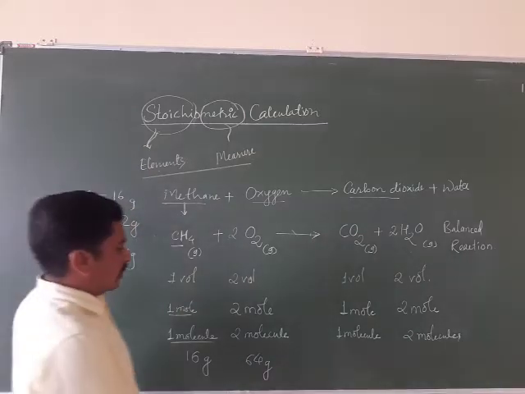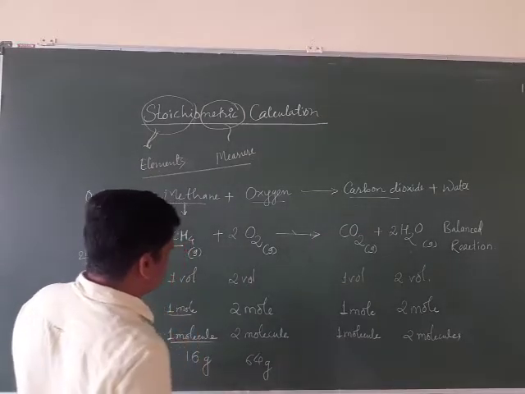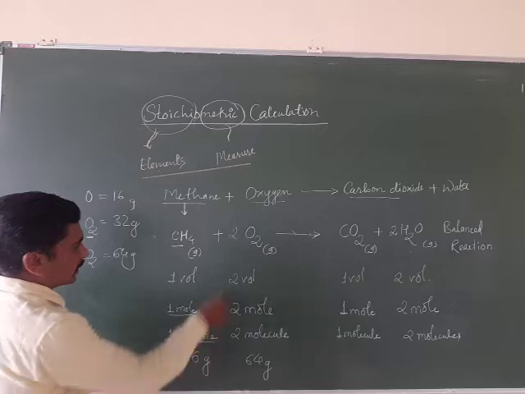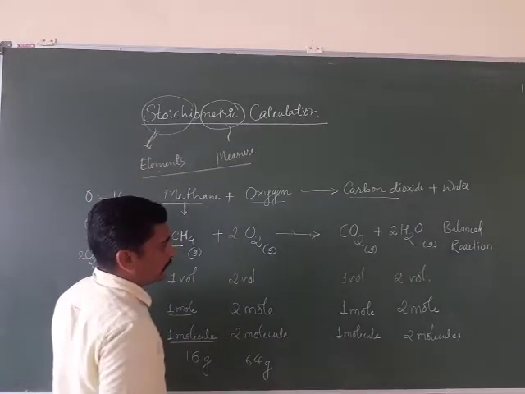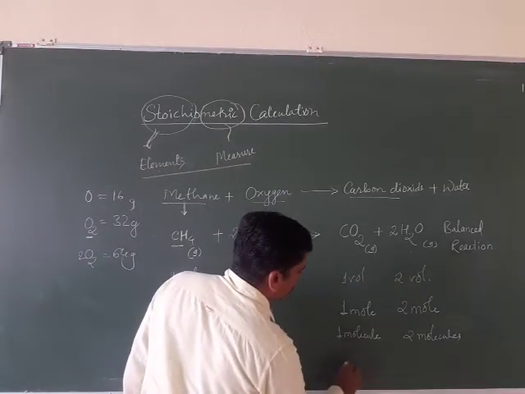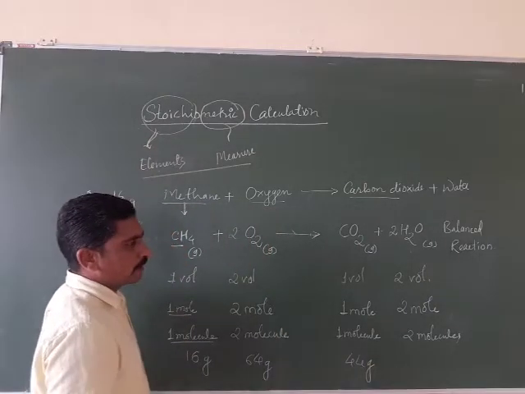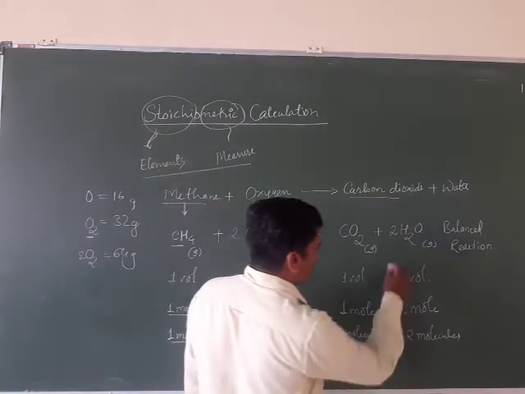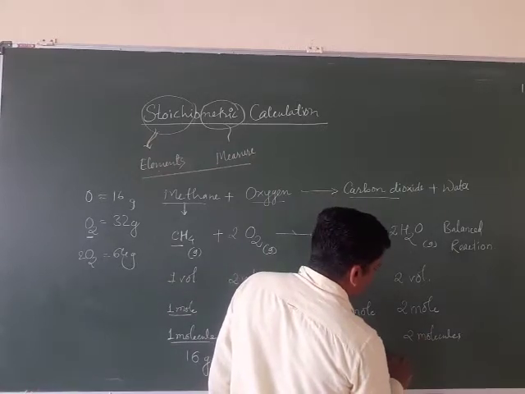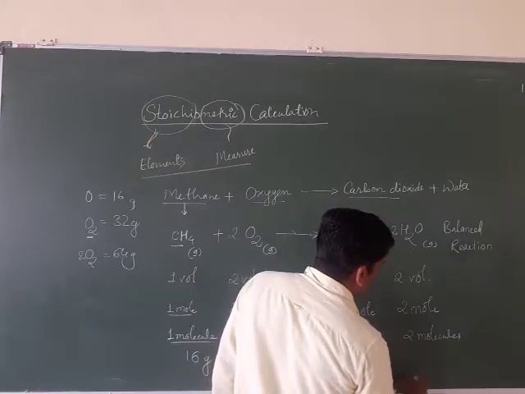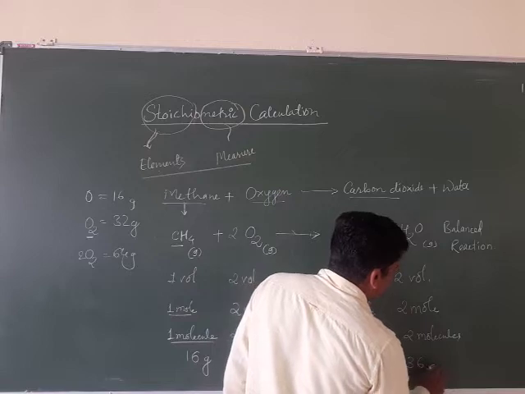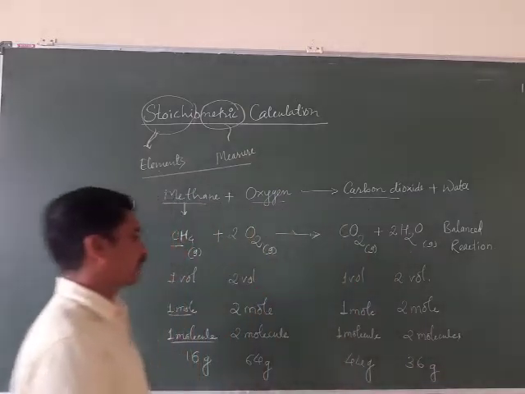Now 16 gram of methane reacts with 64 gram of oxygen to produce 44 gram of carbon dioxide and 36 gram of water.